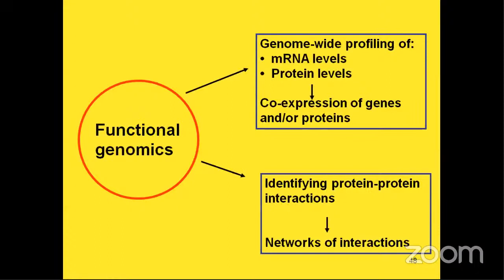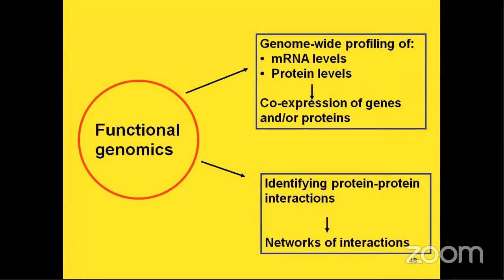Next, we move on to functional genomics. Functional genomics means genome wide profiling. We have the mRNAs, we have the proteins. Now, what we try to identify is whether the proteins that are obtained from mRNAs are co-expressed.